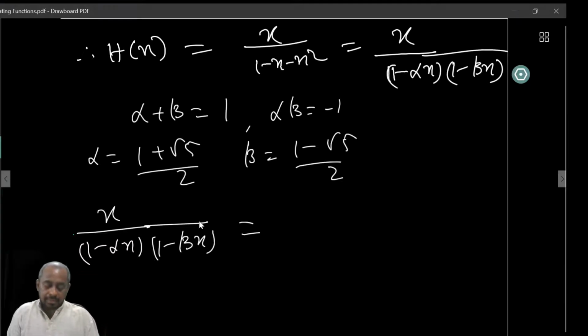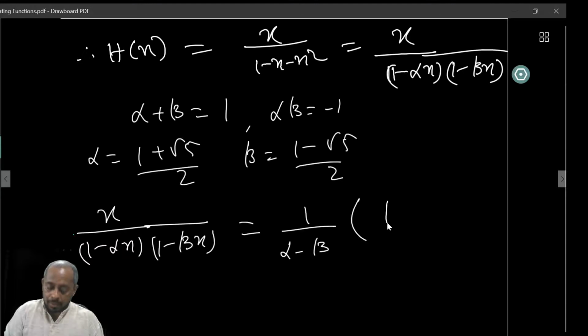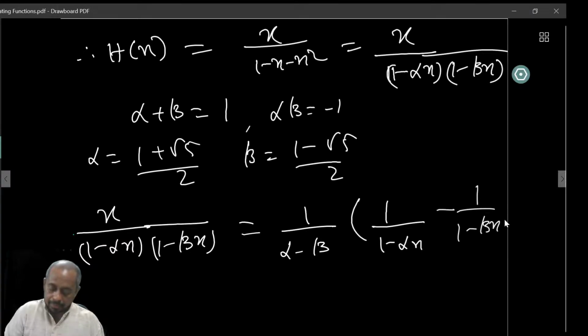You can just work out the details as we did in the previous cases, and you should get that this will be equal to 1 by alpha minus beta into 1 by 1 minus alpha x minus 1 by 1 minus beta x. Okay, so this is something you can work out.